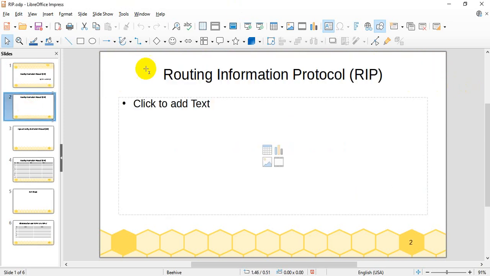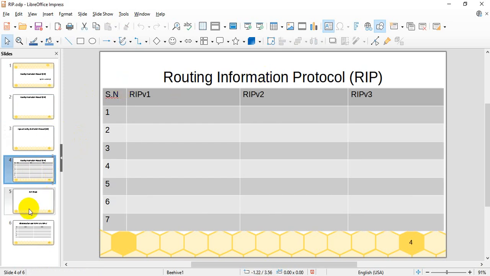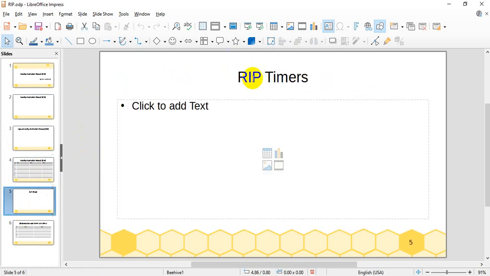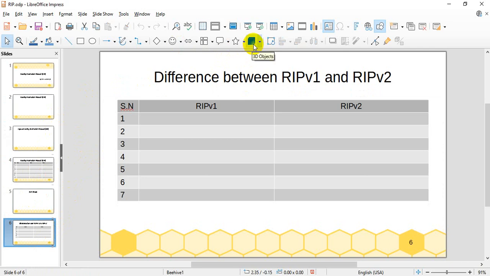In the theory, you might know some of the theory related to the Routing Information Protocol, the types of RIP, the difference between them and the timers, and the difference between RIP version 1 and RIP version 2.